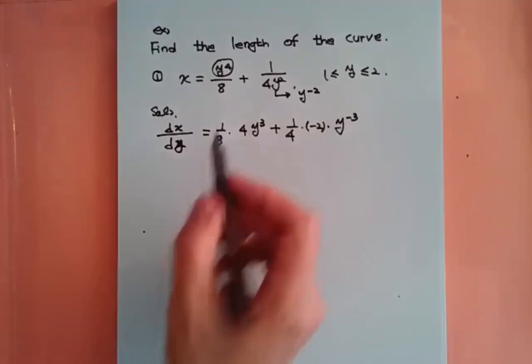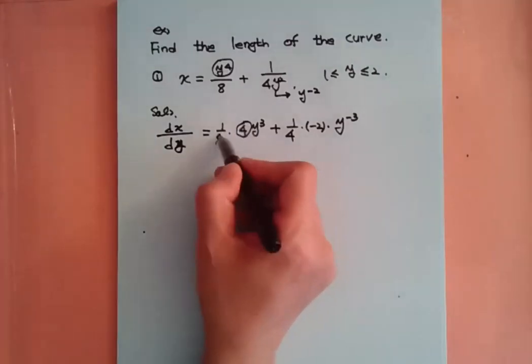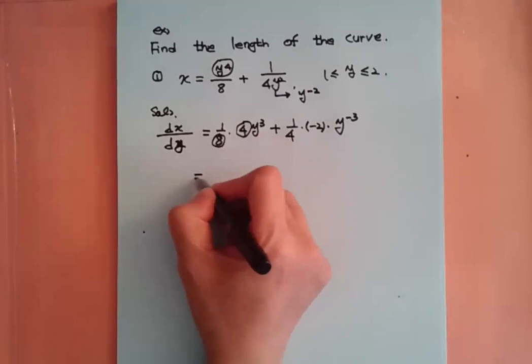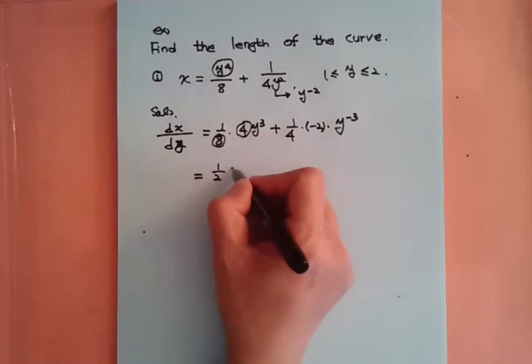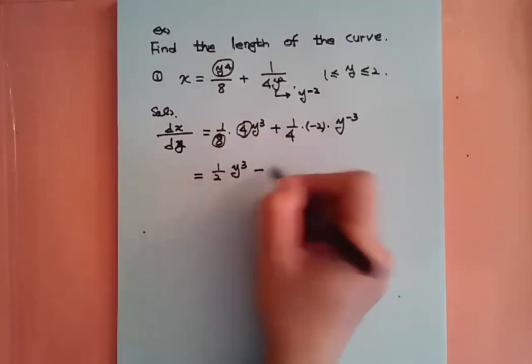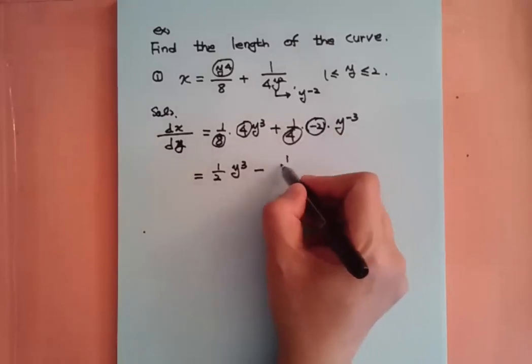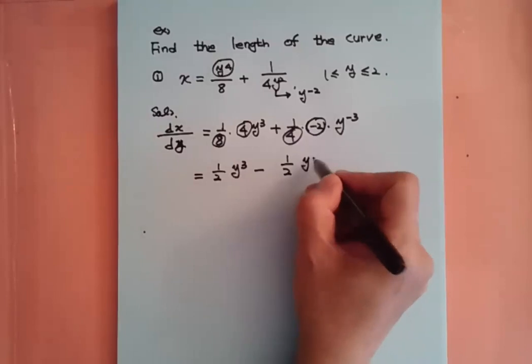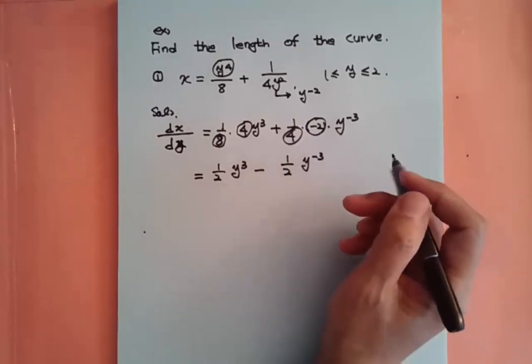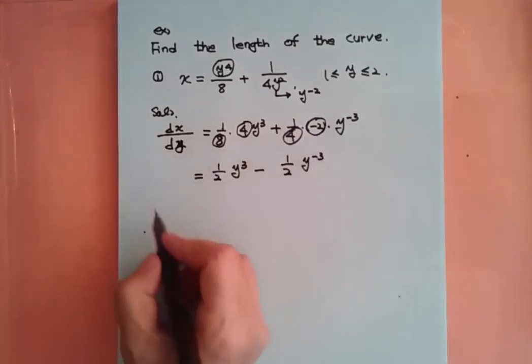So we do cancellation. This one and this one will cancel each other and make 1 over 2 y cubed minus, this one and this one will cancel each other, so that will be 1 over 2 y to the minus 3 power.